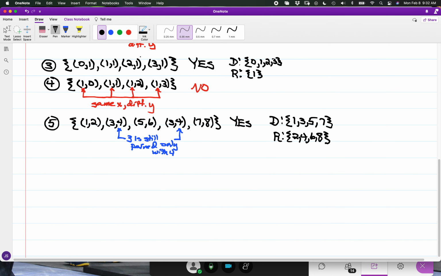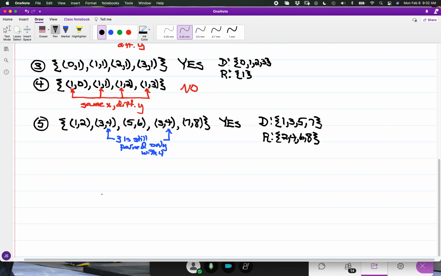In the context of graphing, there's one particular test that a function is going to satisfy, and this is the vertical line test.